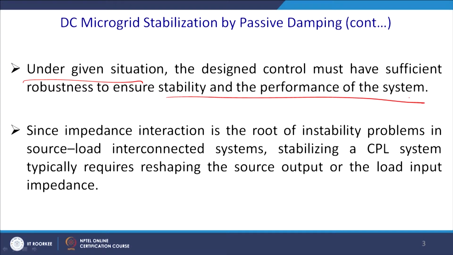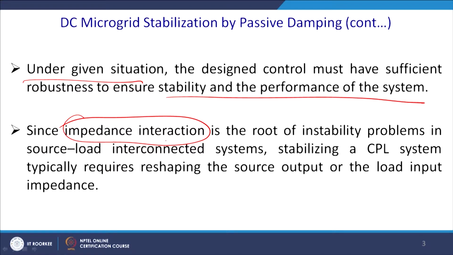Since impedance interaction is the root of the instability problem, that is the change of impedance, because you are tracking the MPPT, your voltage changes, current changes, and thus there is a change of impedance, and sometimes your load changes.